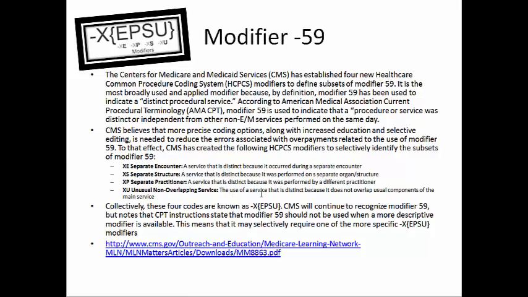So this is the use of a service that is distinct because it does not overlap usual components of the main service. So although CMS will continue to recognize modifier 59, it notes that CPT instructions state that modifier 59 should be used when no more appropriate descriptive modifiers are available. And here is a link that you can go check out more about these.